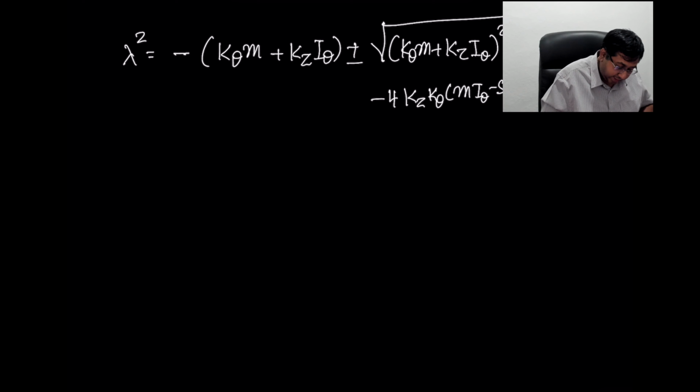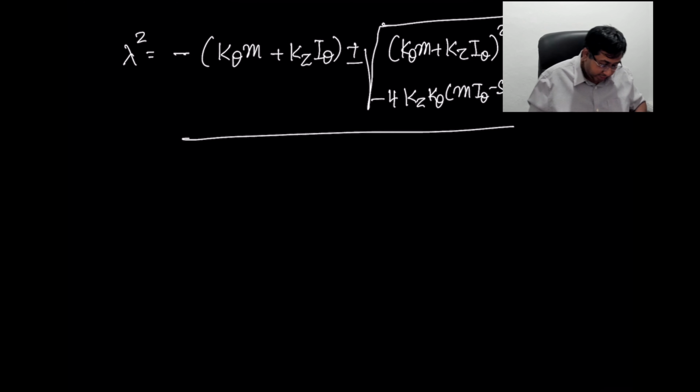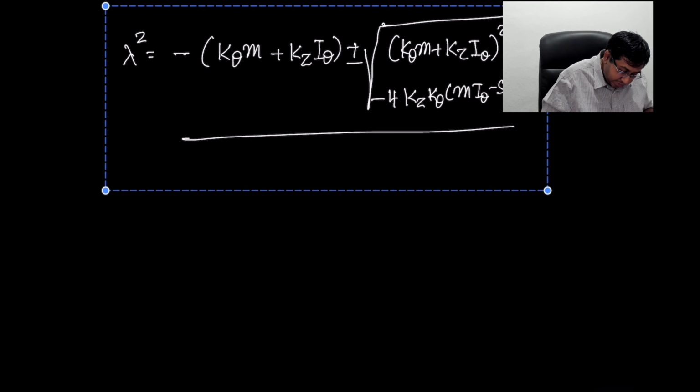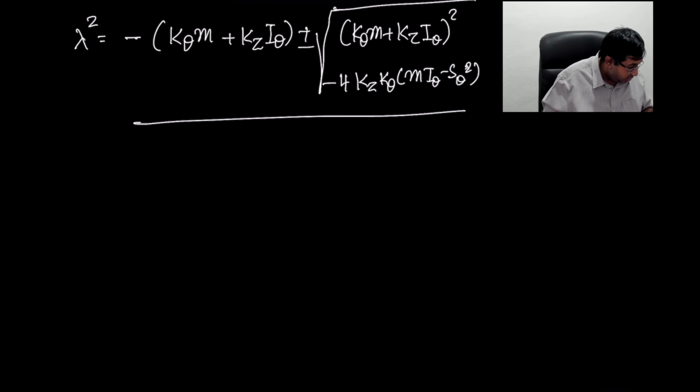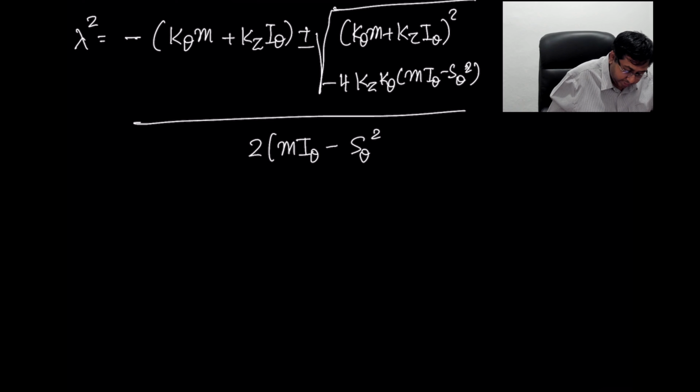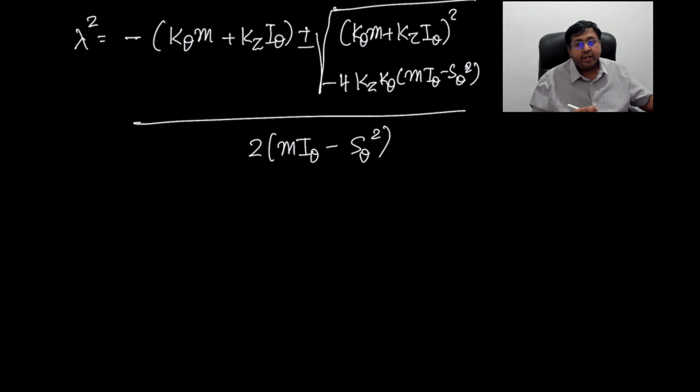So this entire thing is under the square root, whole divided by 2 into (m I theta minus s theta square), right?